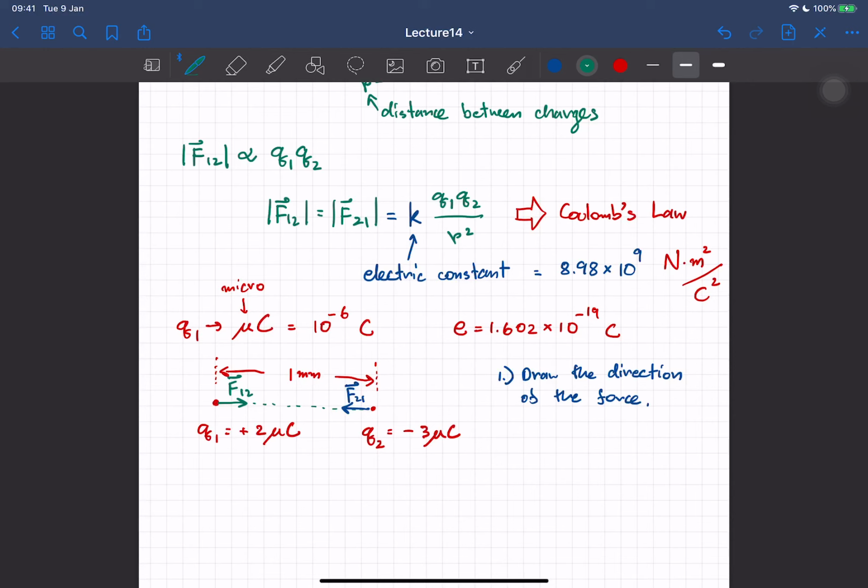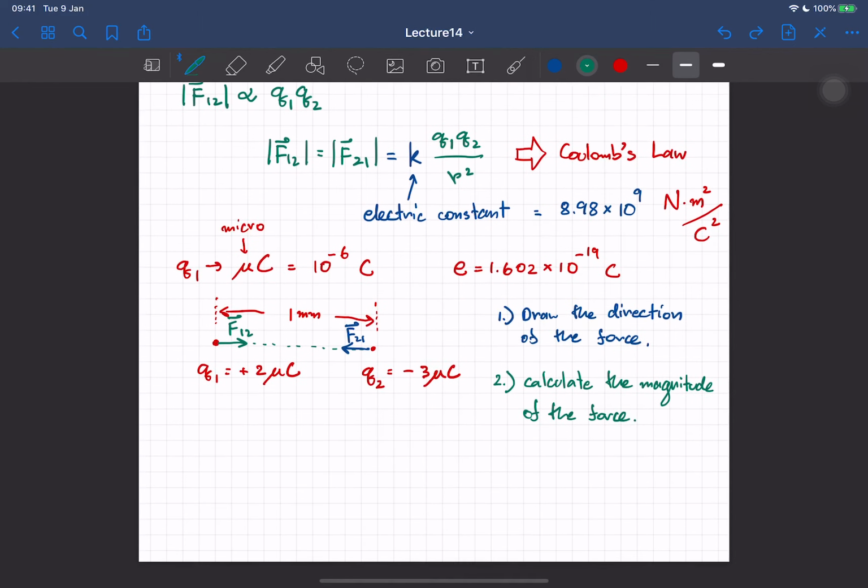The second step is just to calculate the magnitude of the force. So we get the information about the direction, so that's halfway done. But force needs magnitude also.